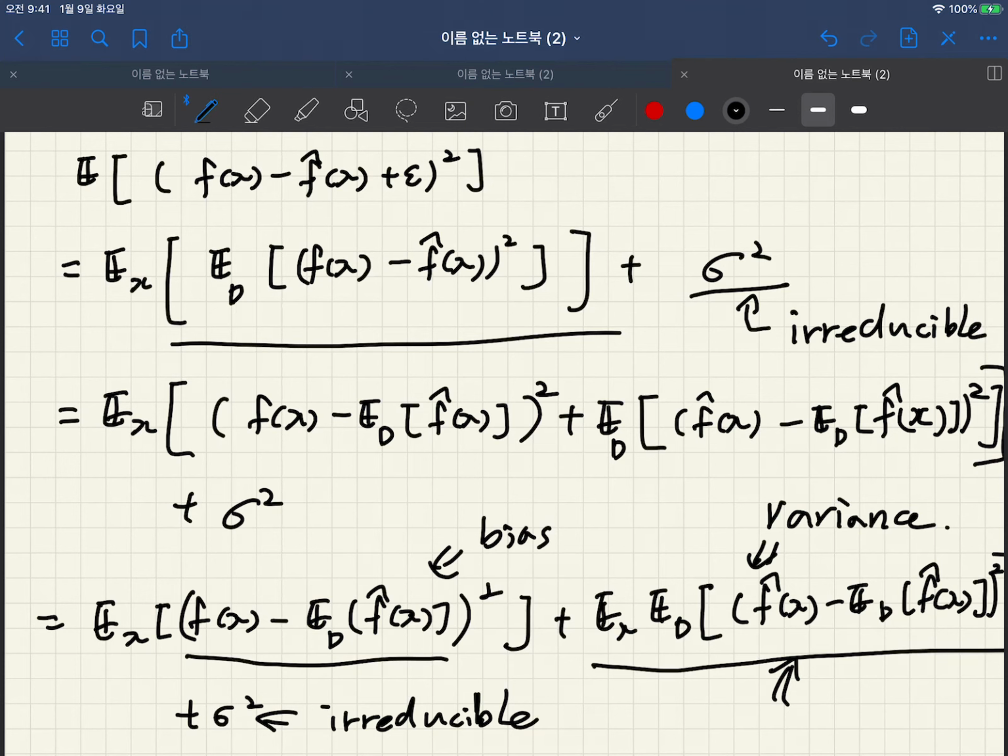And because sigma squared is the irreducible error, we cannot control this. So in your model design and machine learning process, you have to consider bias and variance. You have to control the model very carefully so that the balance between bias and variance is nice, so that the sum of bias and variance is minimized.